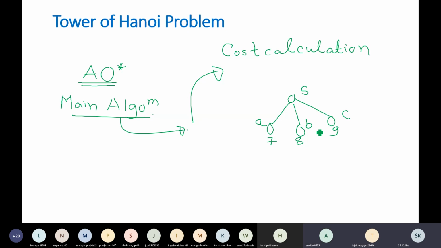A node, right? Because the cost is the least. Cost is minimum.